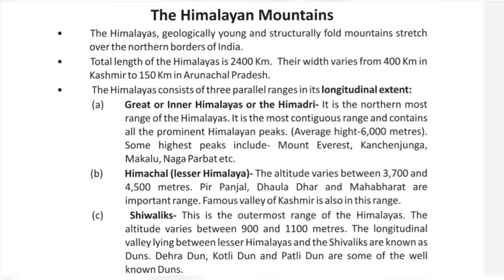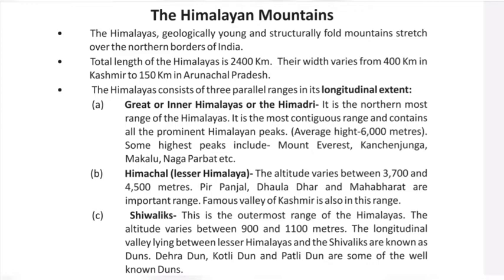It contains all prominent Himalayan peaks. The folds of the Great Himalayas are asymmetrical in nature. The core of this part of Himalaya is composed of granite. It is perennially snow-bound and a number of glaciers descend from this range.